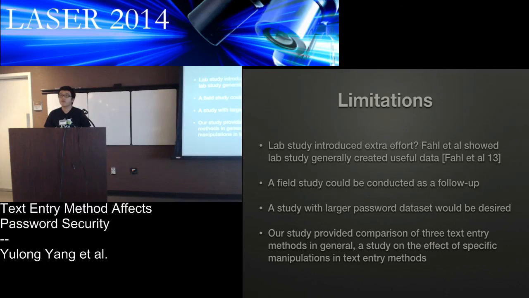So my question is, given the lack of ecological validity, how would your lab study inform a field study? What is it that you have learned from the lab study that would make you do, I don't know, a really great field study? What would change you?